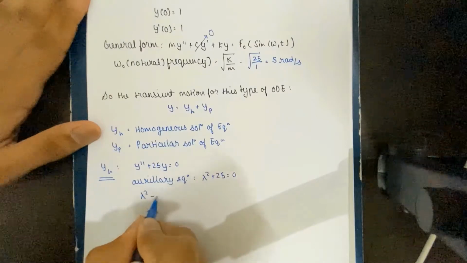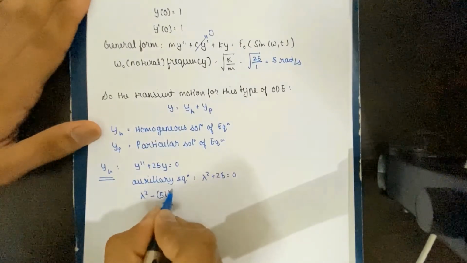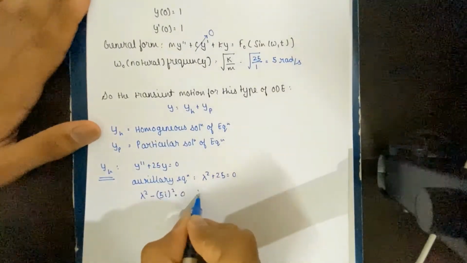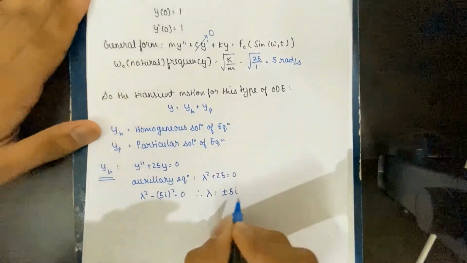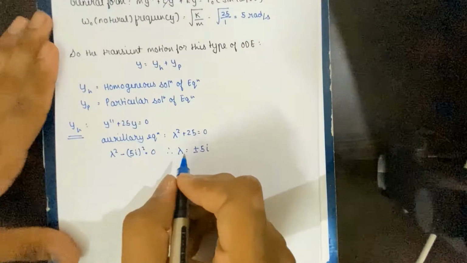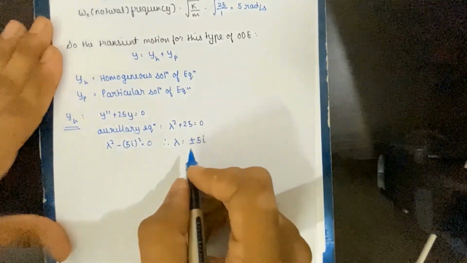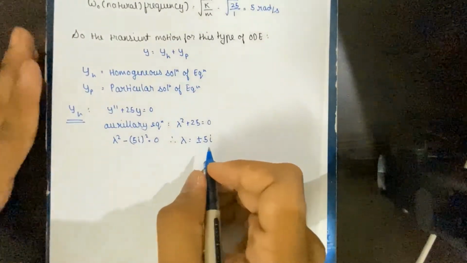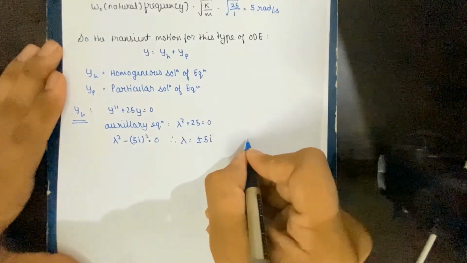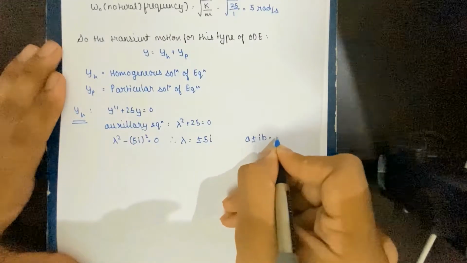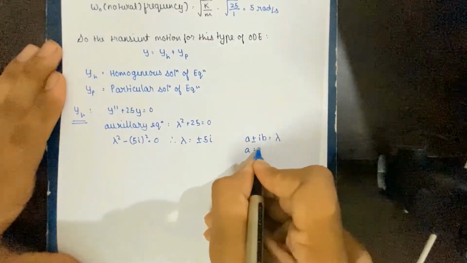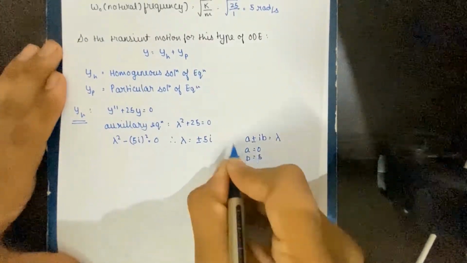Lambda square minus 5i square equals 0. Therefore lambda equals plus or minus 5i, where i is the root of minus 1, which is your imaginary number. Now this is usually in the form a plus or minus ib equals lambda, but in this case a equals 0 and b equals 5.